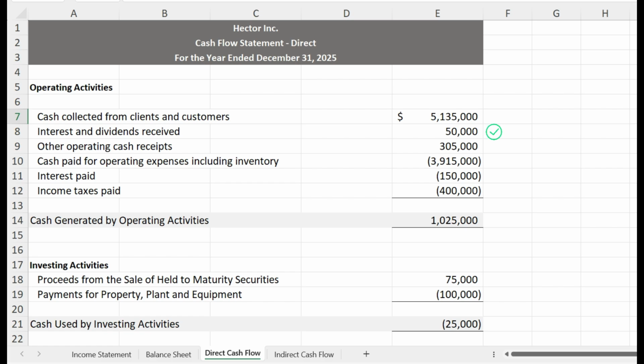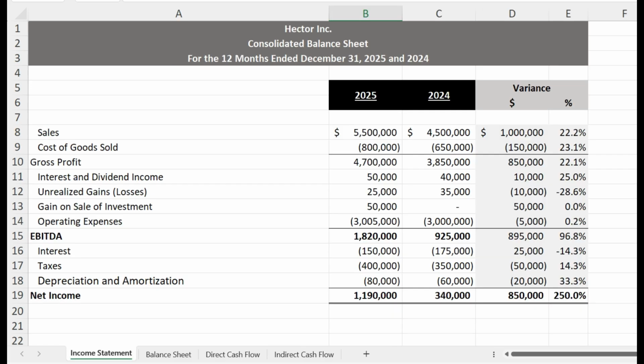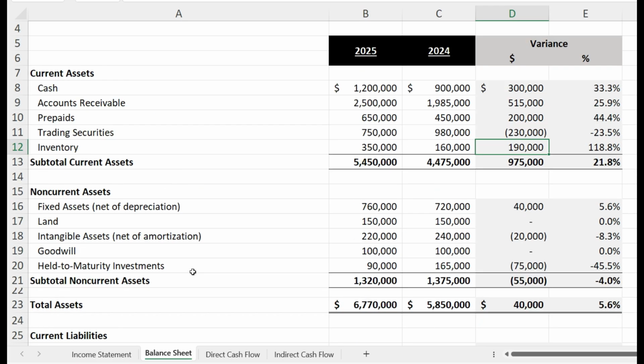Our next category is other operating cash receipts, the catch-all for anything that's outside of cash collected from customers and interest and dividends. This is mainly going to be realized gains on the income statement. So we're going to grab that number, gain on sale of investment, straight from the income statement. That's going to be cash that we received from a gain from a trading security that we sold.